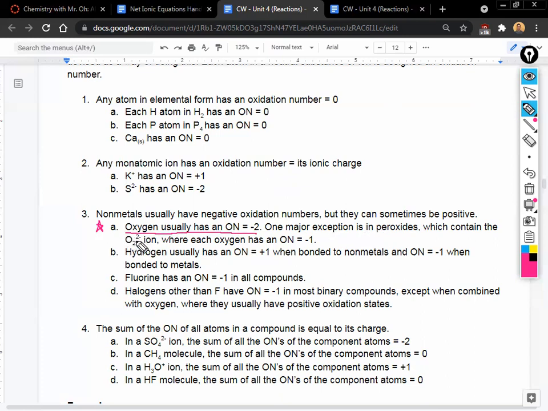Peroxides are the ion O2 2-, and in there, oxygen has an oxidation number of -1, but we rarely look at peroxides. For the most part, just know that oxygen is -2. But do keep in mind that if you see peroxide, it's not going to be -2. It's going to be -1.